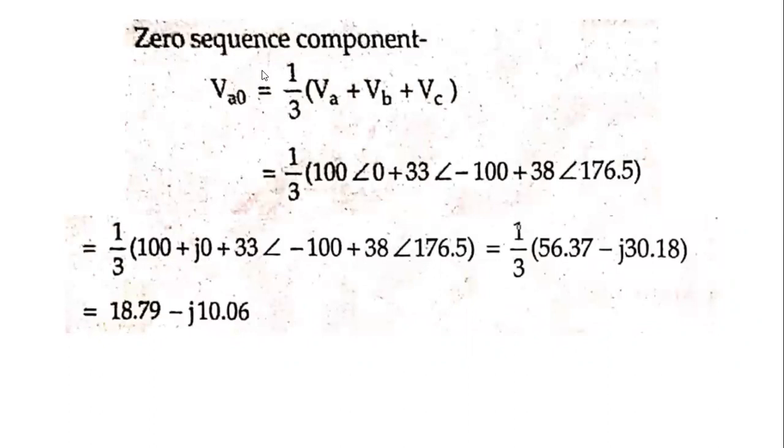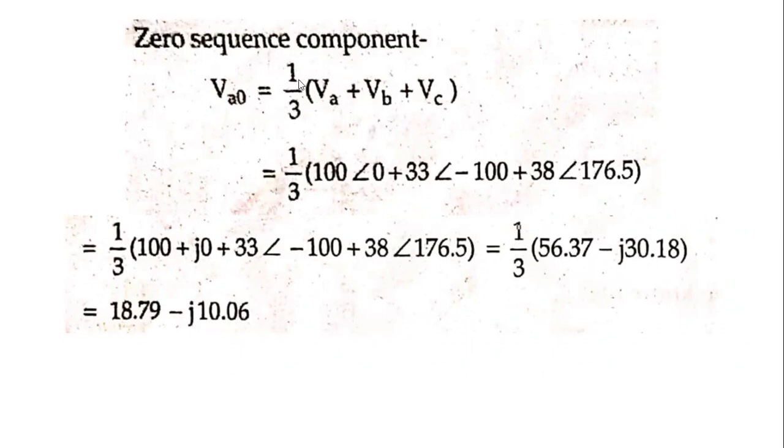There is no angle difference between each and every phase in the zero sequence. That's why the formula for VA0 is equal to 1 by 3 into VA plus VB plus VC. In that formula, there is no representation of the operator alpha. Why?